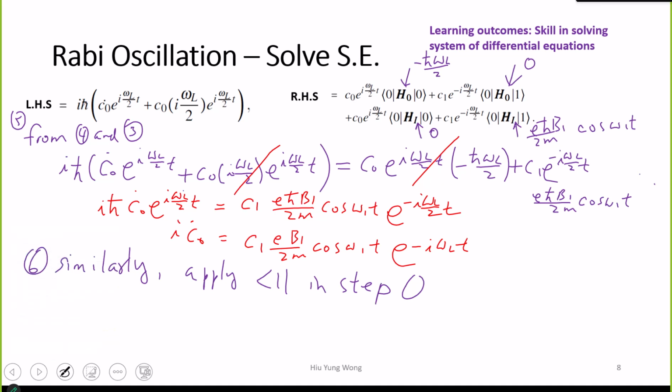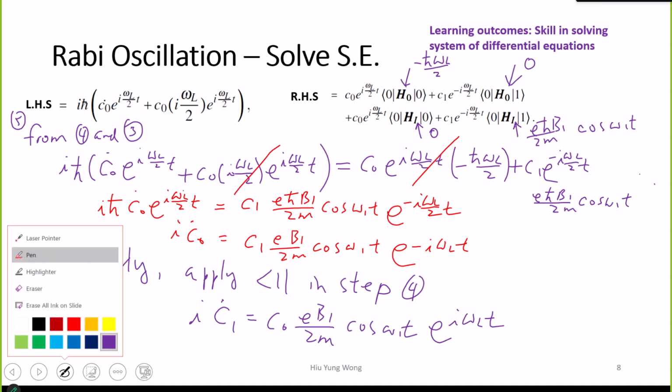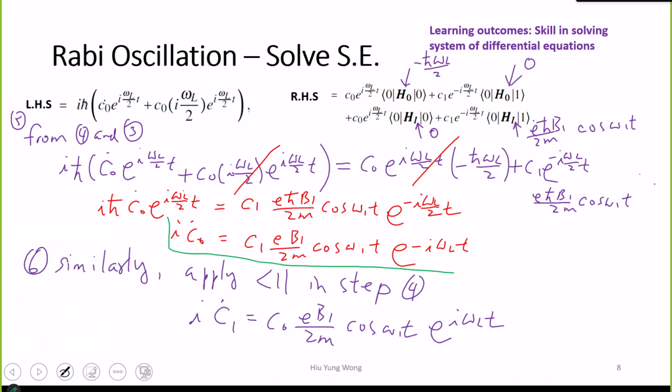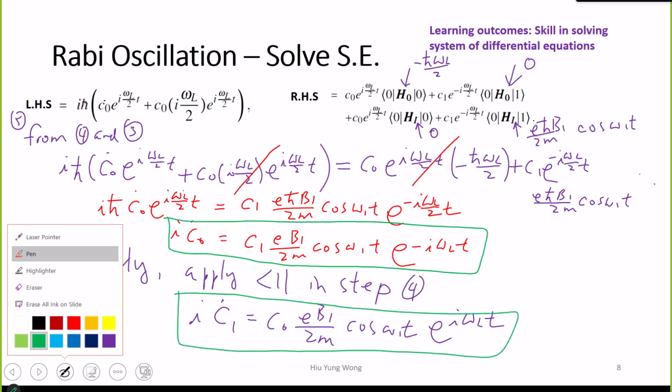You will get something very similar, but this time it is i C1 dot equals C0 eB1 divided by 2m cosine omega 1t e to the power i omega L t, right? One of them is omega 1, one of them is omega L. You need to be careful.